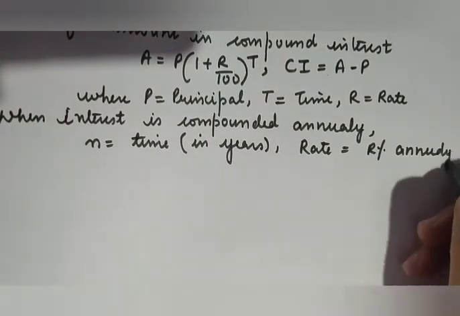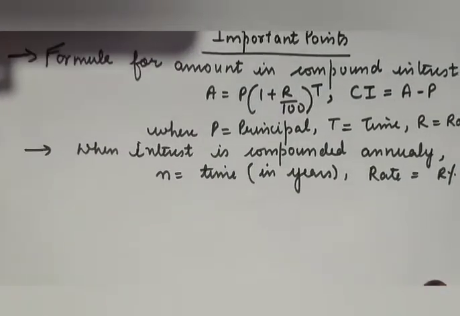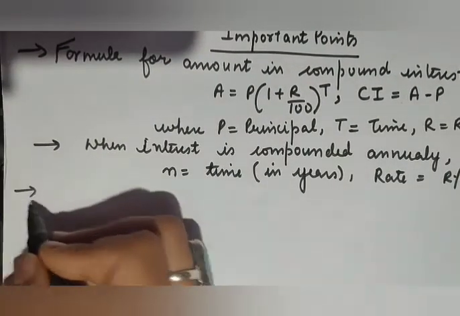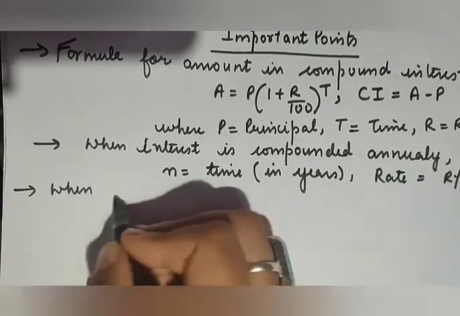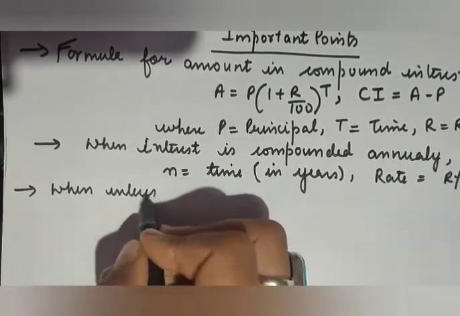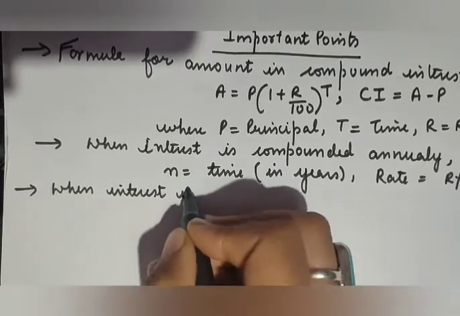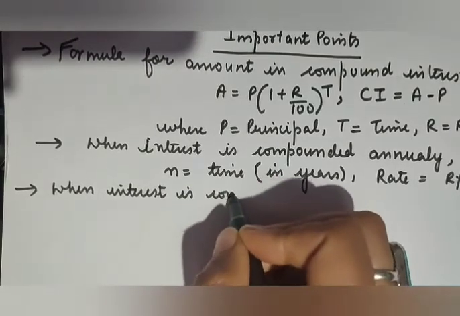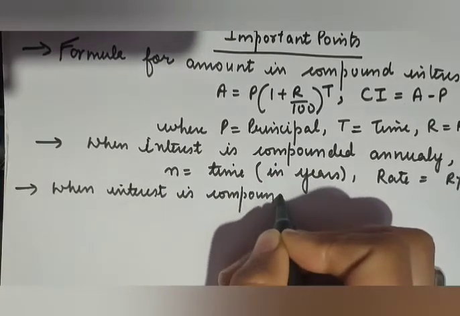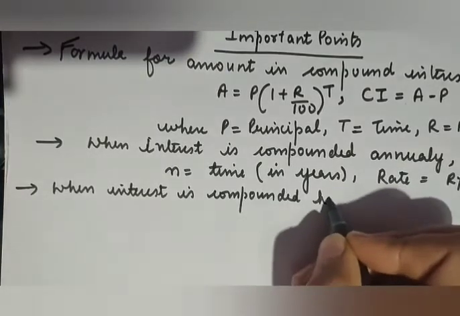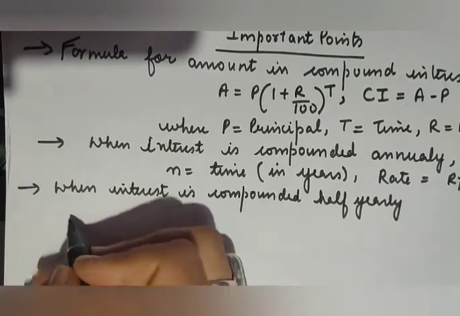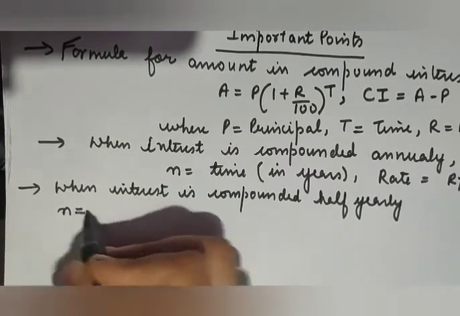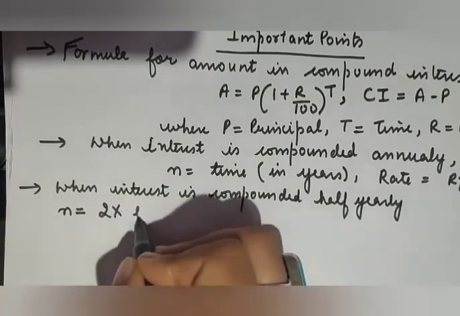After this, next will be when interest is compounded half yearly. When your interest is compounded half yearly, students, you have to remember that you have to keep n, time, equal to 2 into time in years.